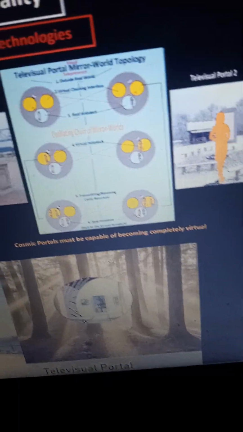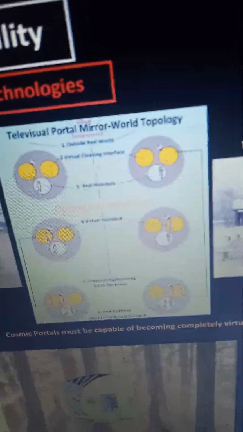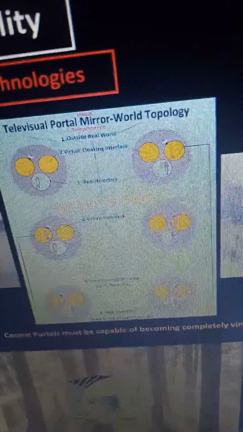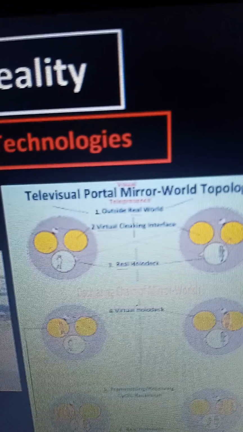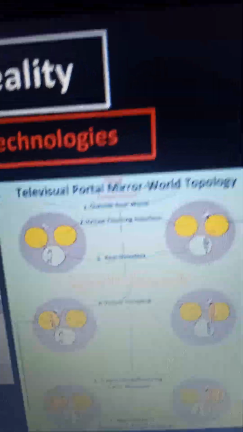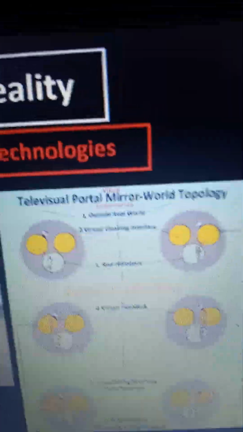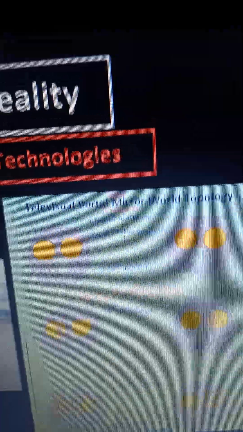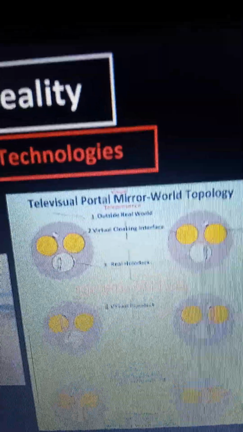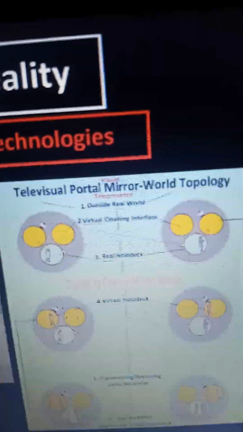For the televisual portal, it rests on an ideal I have called a televisual portal mirror world topology. If you can see that okay, you have an outside real world. The subtitle to that one is visual telepresence. You have the outside real world, number 1, the virtual cloaking interface, number 2, a real holodeck, where the people, Bob and Alice in this case, exist.